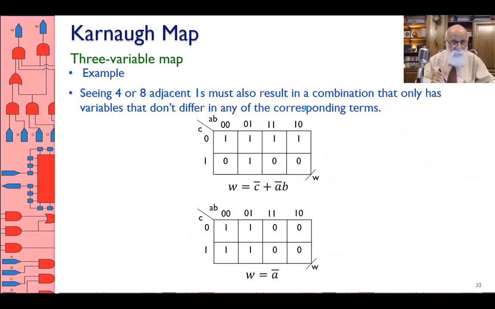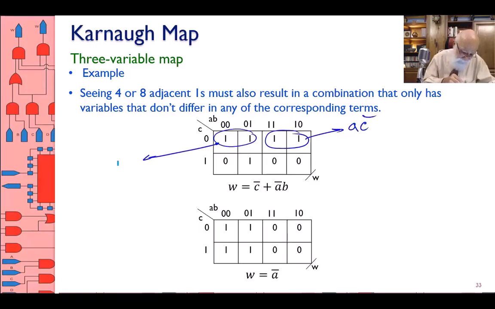Okay, let's look at something else. These two are adjacent, right? So are these two. Let's write these two. This is A C bar. This is A bar C. What do I see?